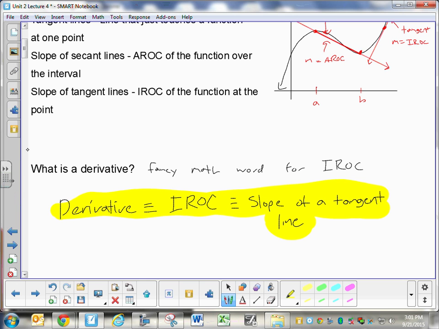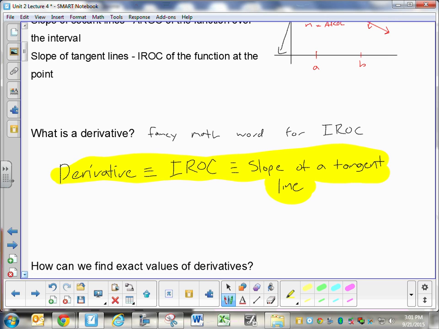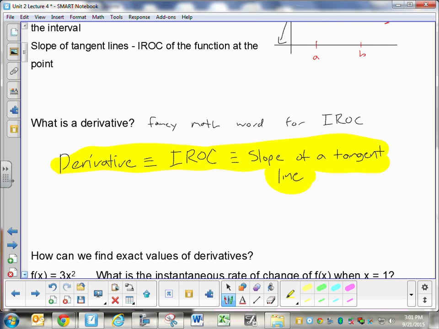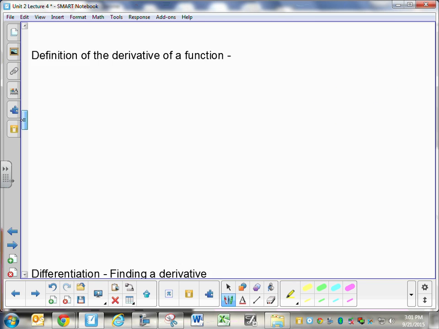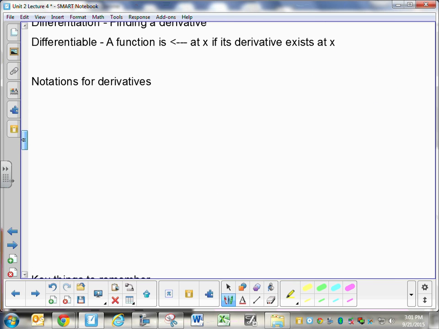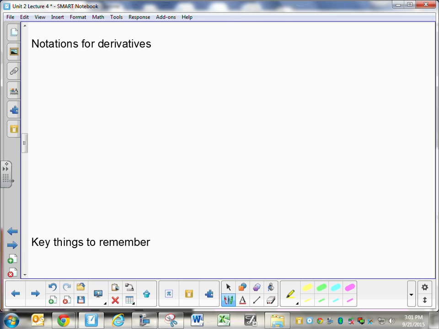We're going to be taking a lot of derivatives in this class, which means we'll be finding a lot of instantaneous rates of change, which means we will be finding the slope of a tangent line. And before we answer our first question, we are going to write down some notation for derivatives. Okay?